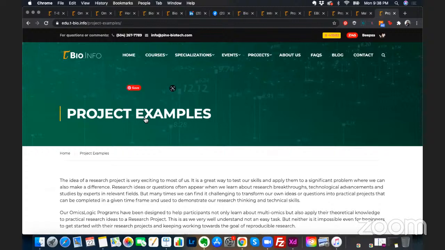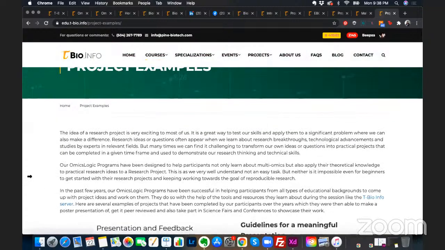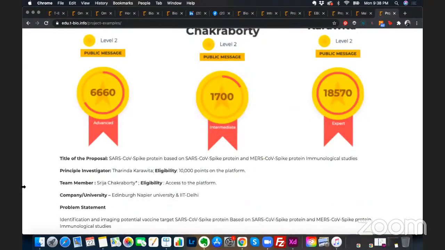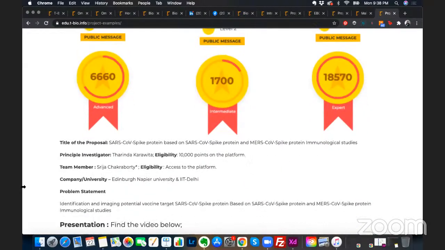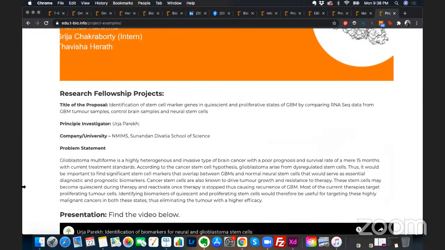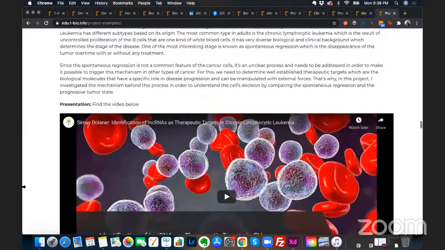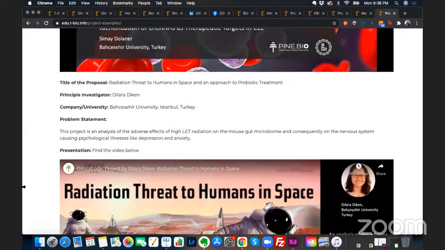Most of the participants featured on this project example page are our research fellows. They have done some of their work and it is featured here. Many of them are working towards a publication or writing a paper. These are the different projects that you can see, and they cover different areas and applications of bioinformatics to different kinds of data sets. So please feel free to explore this page as well.